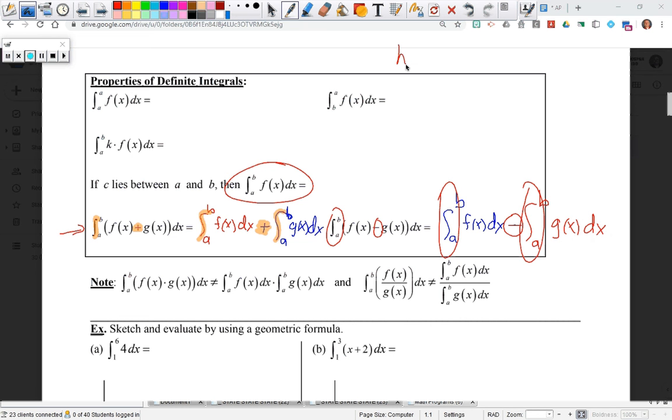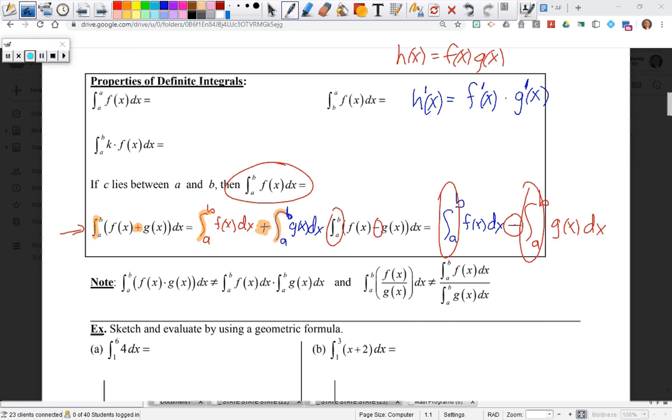If I have h of x like this, who can tell me what h prime of x is? Actually, I'll tell you. Is this the answer? No. Because I should have done what? Product rule.